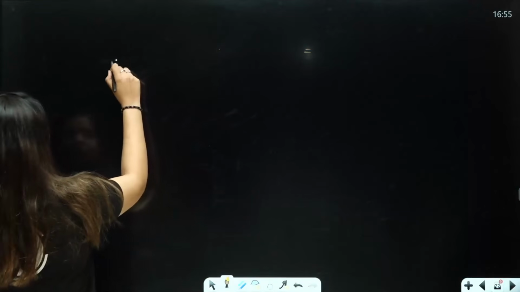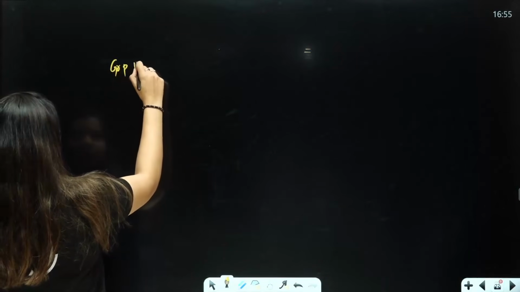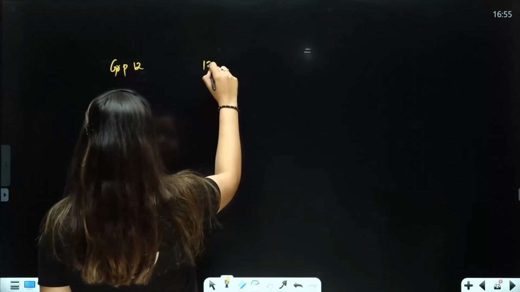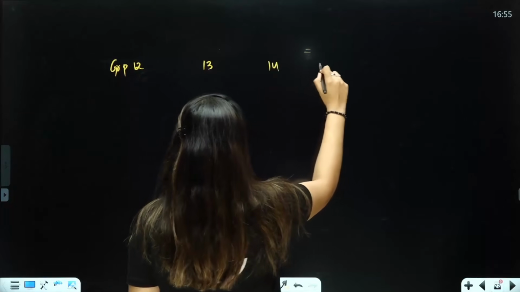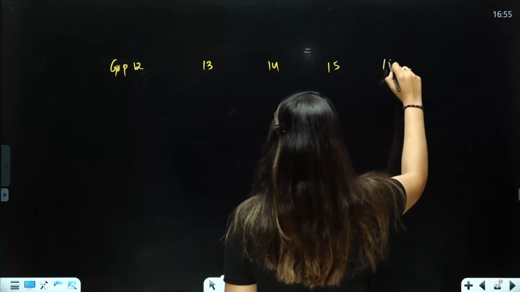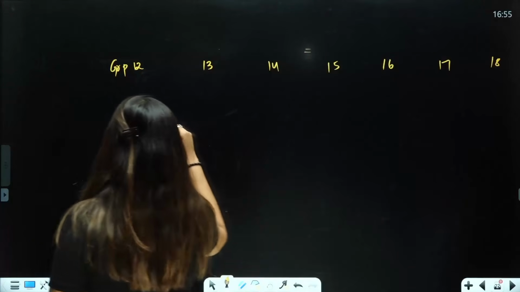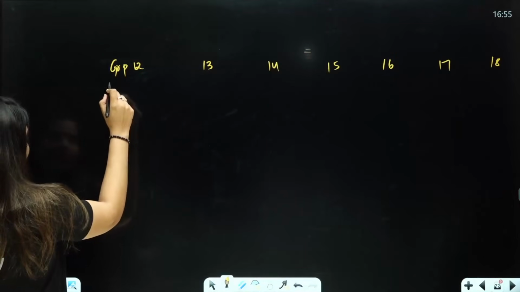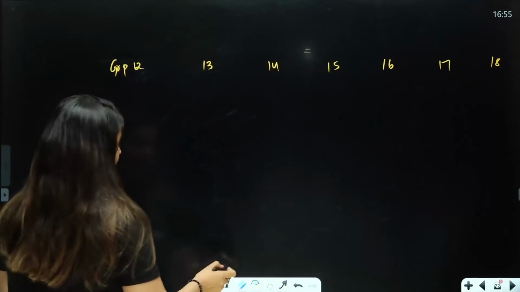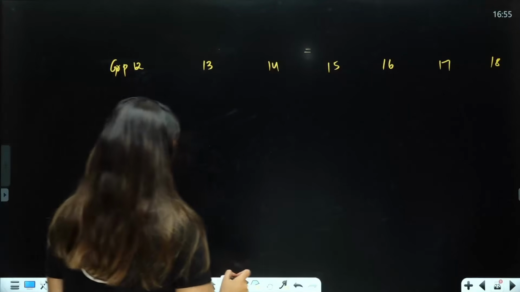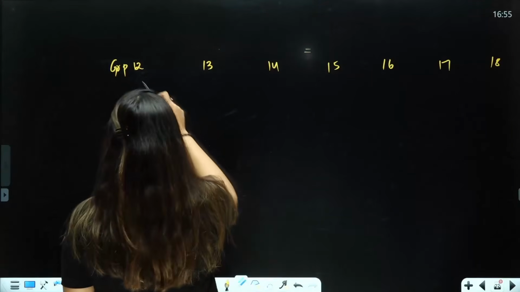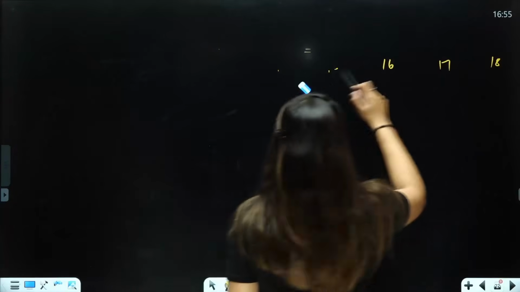Group numbers 12, 13, 14, 15, 16, 17 and then 18. Group 12 will be the zinc group.